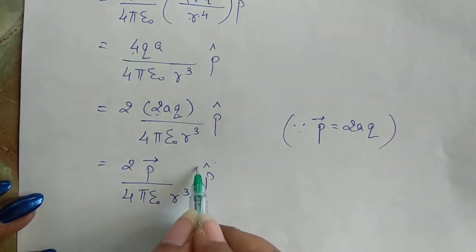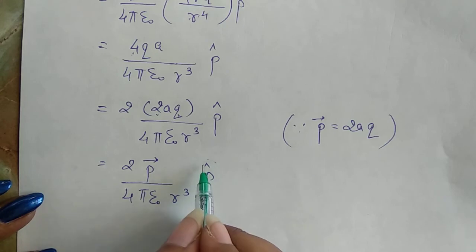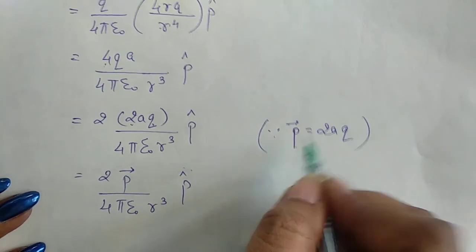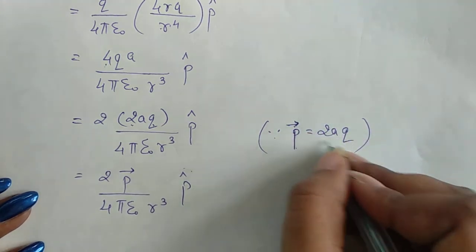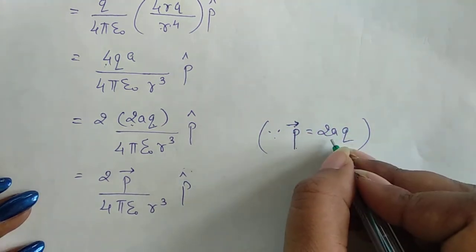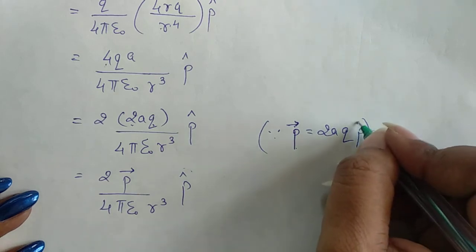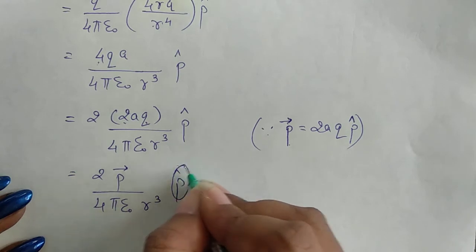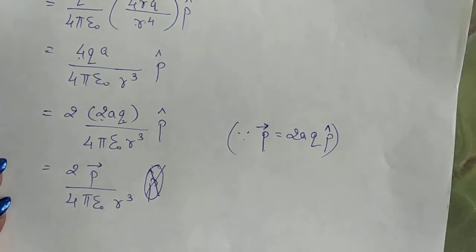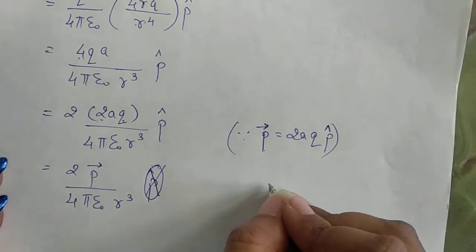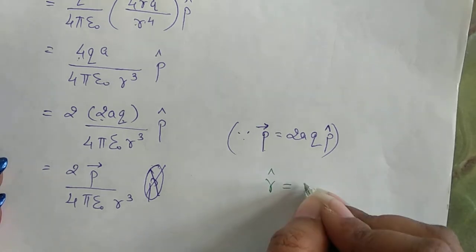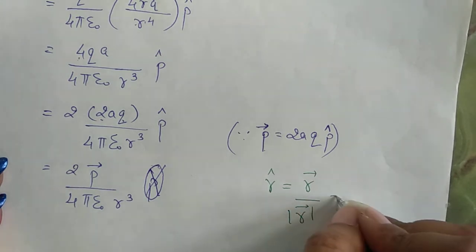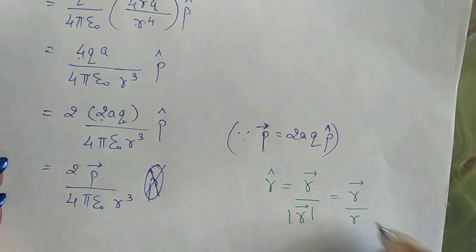Now I won't be writing here p cap, as the value of vector p is actually magnitude of vector p into a unit vector along its direction. So I'll drop out this term. I won't be writing it. If you remember, r cap was vector r upon mod of vector r, so it was vector r upon r.